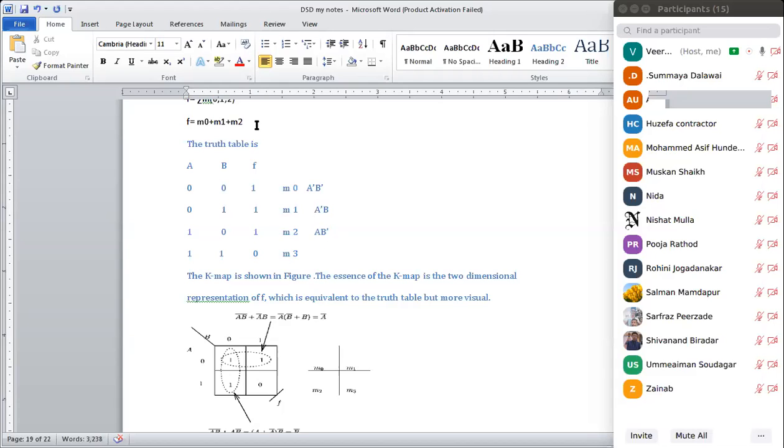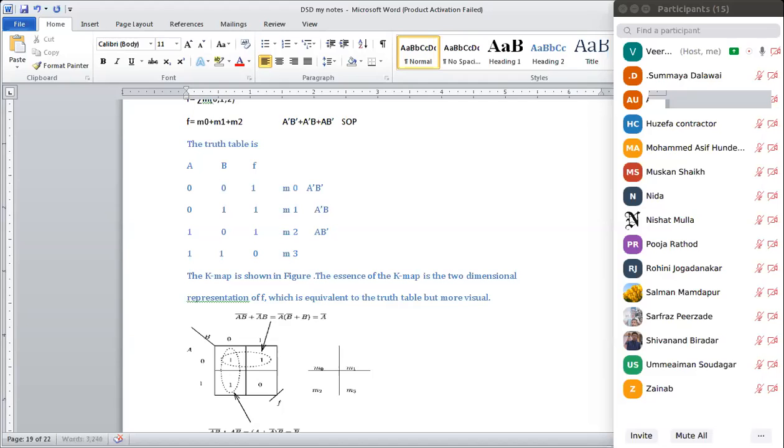So what is the function here? A bar B bar plus A bar B plus A B bar. Okay, now this is the function. This is the function that I am going to get from this truth table. A simple general equation, SOP form.